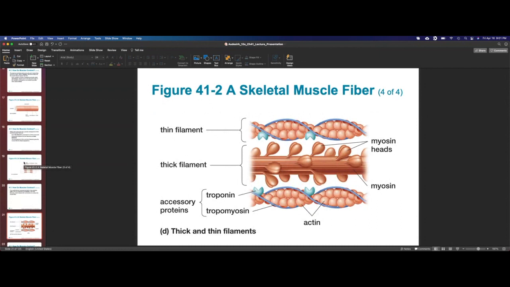These thin filaments are going to have a pearl necklace, beaded type structure, whereas the thick filaments are going to be covered with all of these heads called myosin heads that can contract and relax. They pivot back and forth. And then you're going to have accessory proteins such as troponin and tropomyosin.